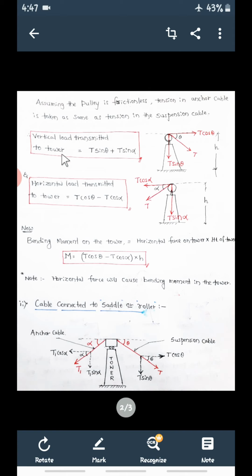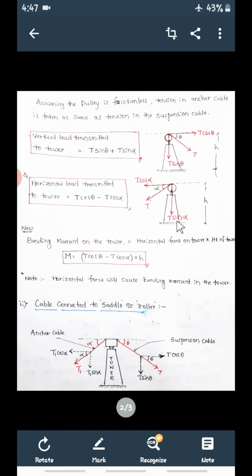Now let us derive these two things. One is, what is the vertical load transmitted to the tower? I am talking about the vertical load. When the suspension cable is considered, what is the vertical load? This is T sin theta, correct? And similarly, what is the vertical load due to this anchor cable?